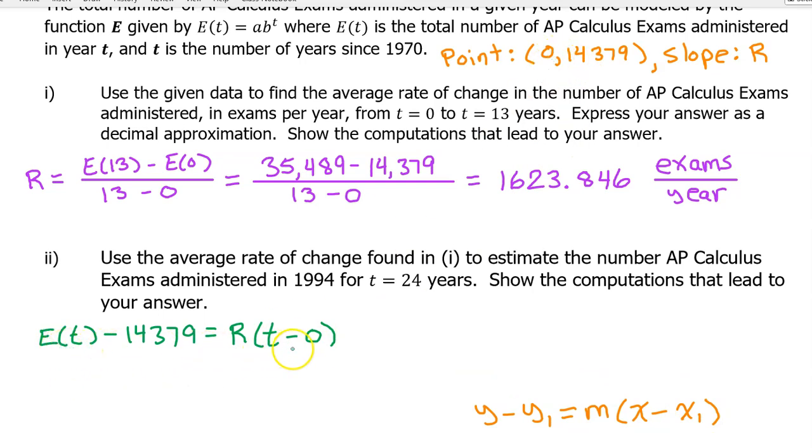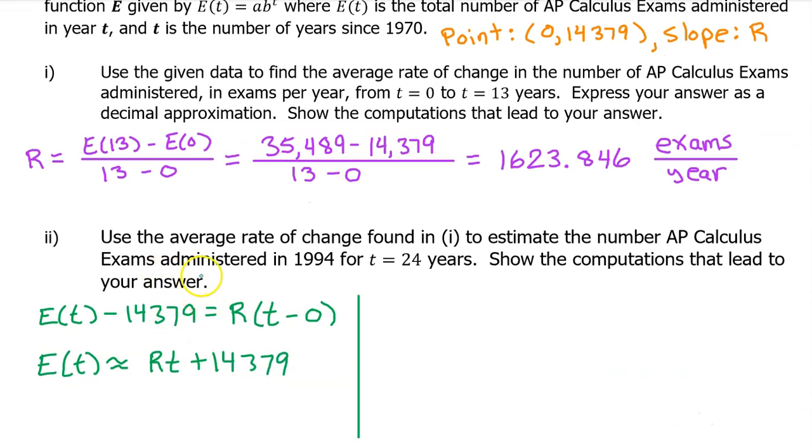To use this secant line equation to estimate a value, we need to get E of t by itself. So let's add 14,379 to both sides. This is an approximation, so instead of an equal sign, let's put the wavy approximately sign. And we can drop the 0 now. So I'm just going to write rt. E of t is approximately r times t plus 14,379.